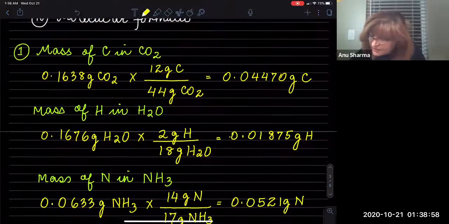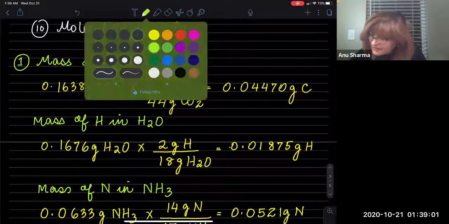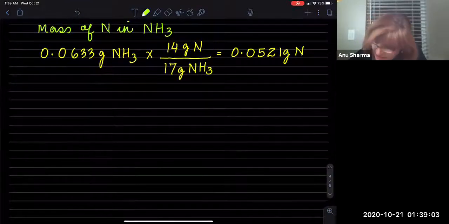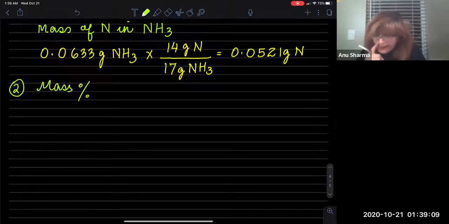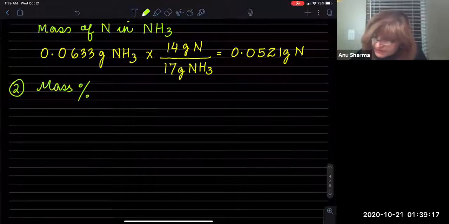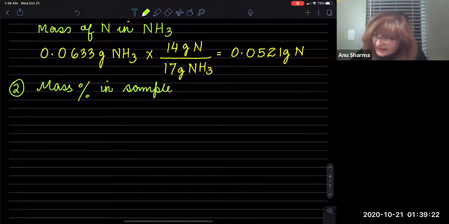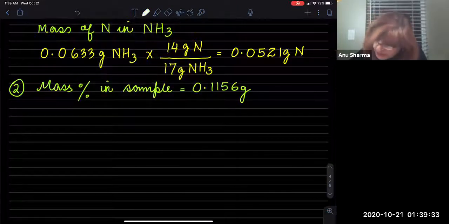So this was the first step. Our next step, our second step, is the mass percent. Now we are given the total sample. The total sample is 0.1156 grams. Now we're going to look at the mass percent of carbon.